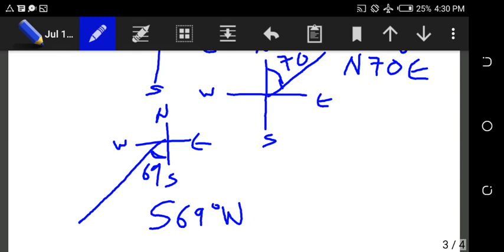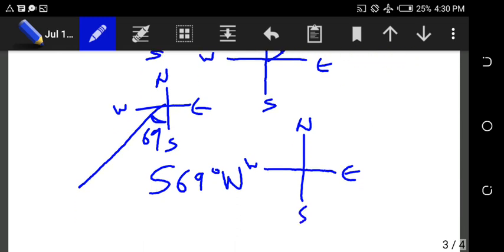All right. Now sometimes you could have a perfect alignment in between the north or the south, that is going halfway between the north and the east, or north and west, or south and east, or south and west. In other words, a bearing that cuts just in half. So let's say we have this kind of bearing here.